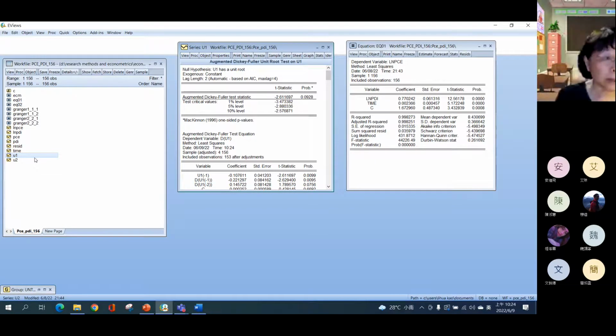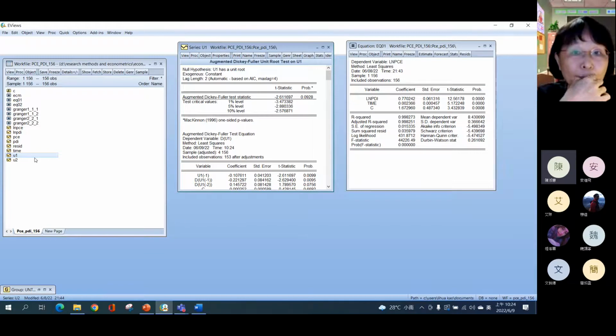So in other words, let's see. Look at the p-value now. It is bigger than 0.05, isn't it?